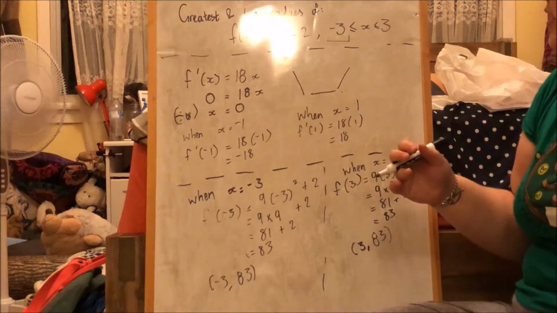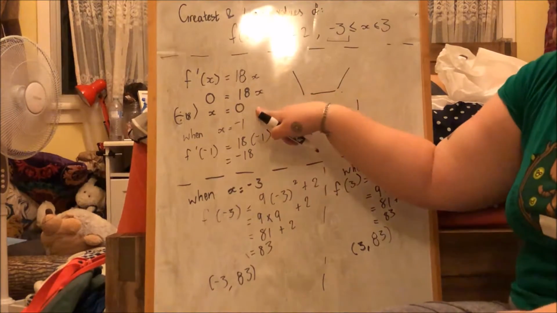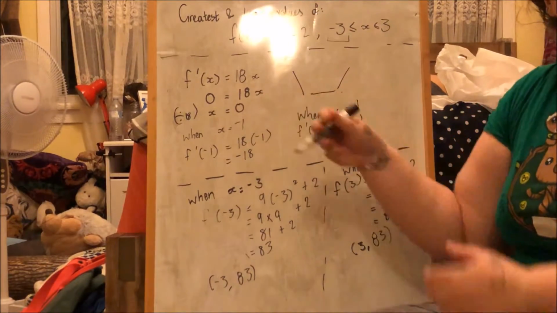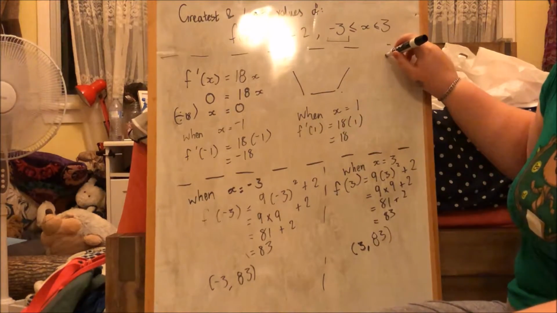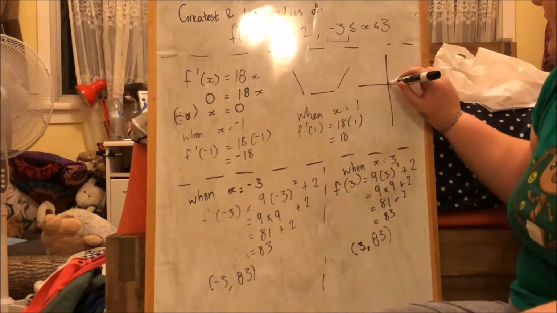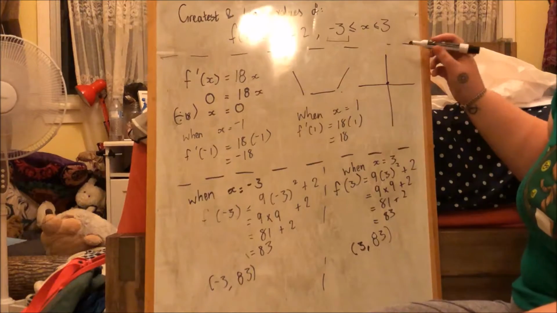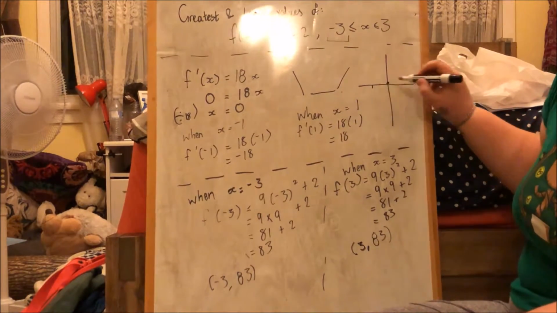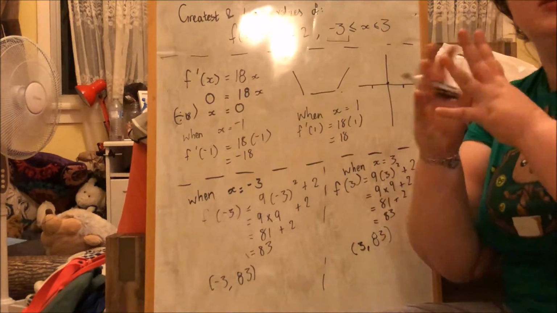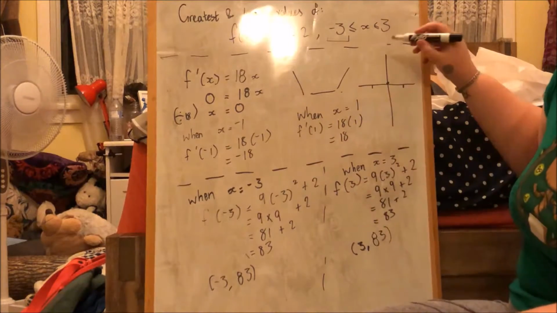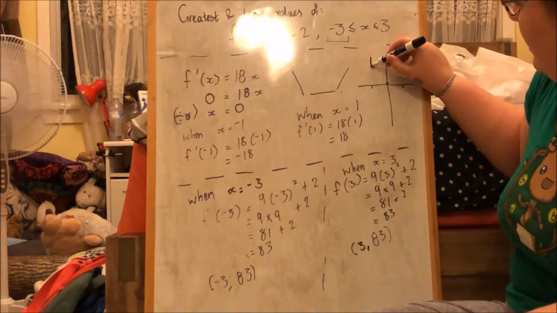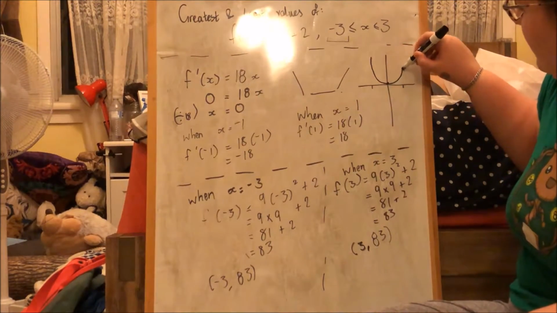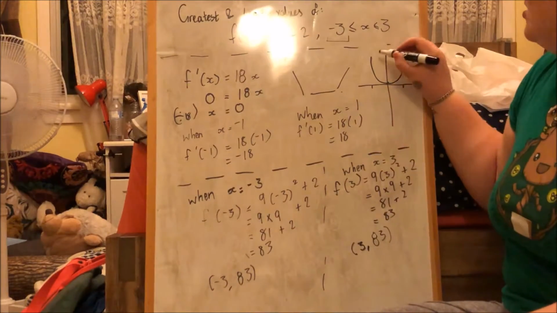So what that tells us, and we can pretty much figure that out from here anyway, because our minimum value is at 0, is that this curve is centered on the y-axis, which means that if we've got 3 this way and 3 that way, it's going to be a really symmetrical curve, which means that it's just going to look like this.